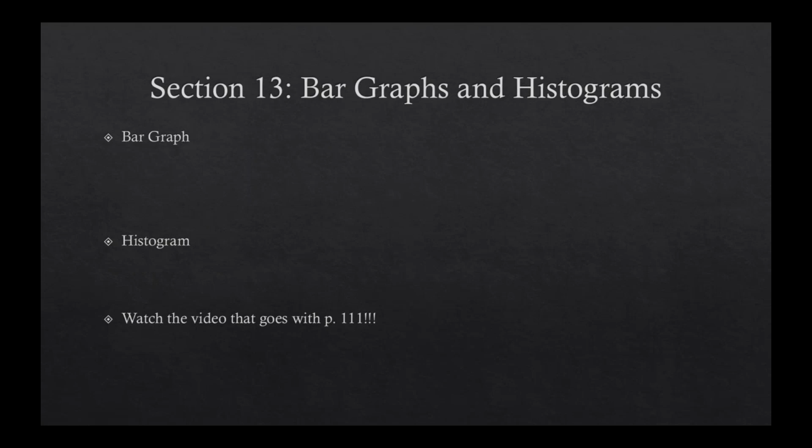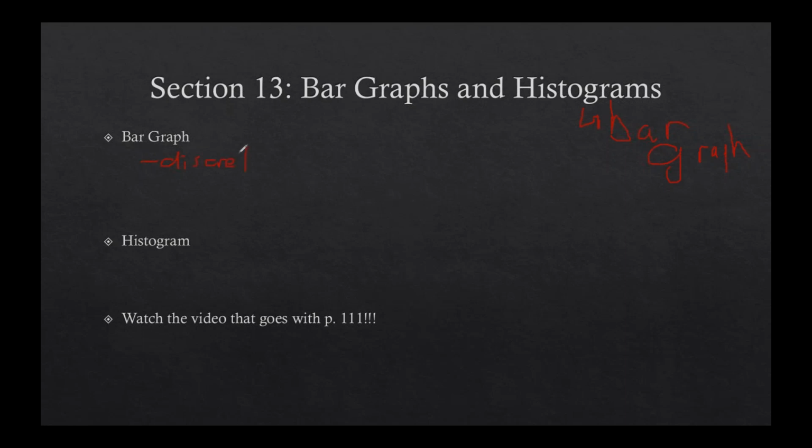So we have bar graphs and histograms, and I'm not sure if you know the difference between them, but basically a histogram is a type of bar graph. A histogram is a special case bar graph. The difference is that a bar graph deals with discrete data.